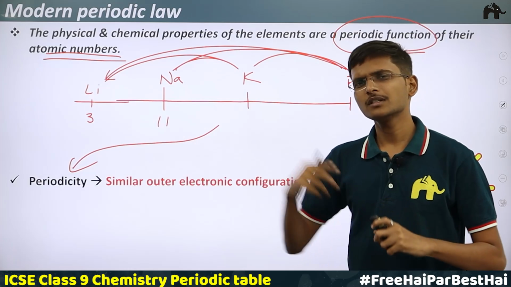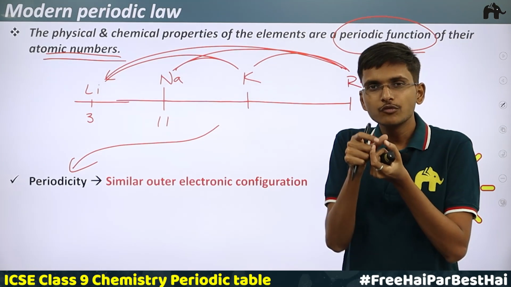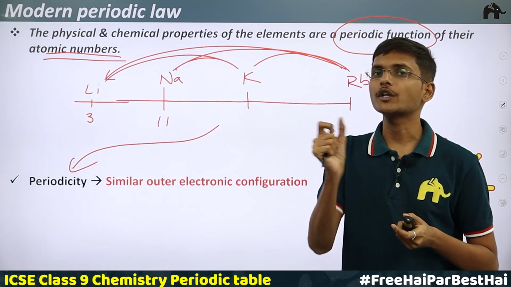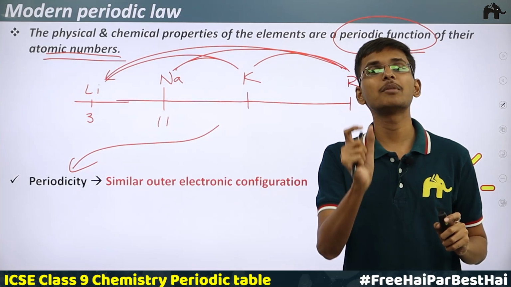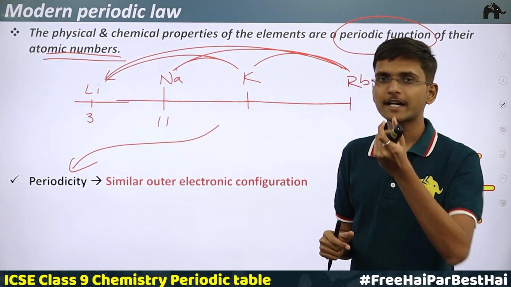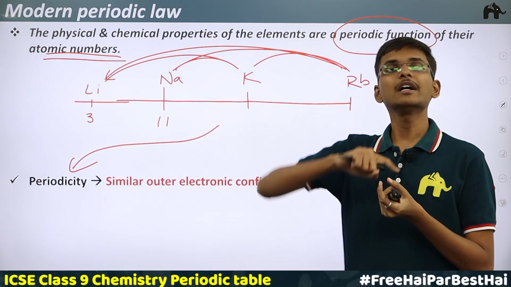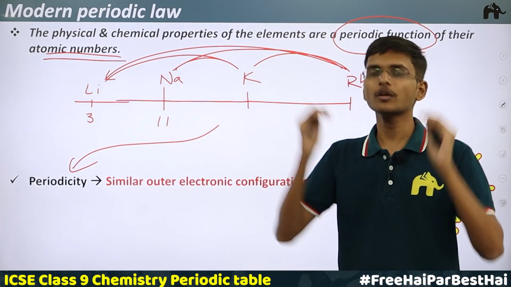Why? Because in the previous chapter we studied that, based on the atomic number, we were able to write the electronic configuration, because the atomic number gives us the number of electrons present in the neutral atom, and once we know that, we distribute those electrons in the different orbits.